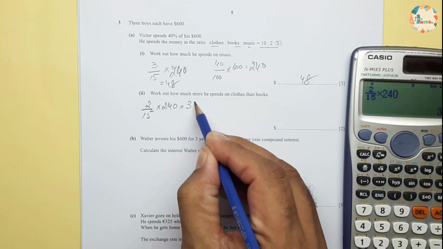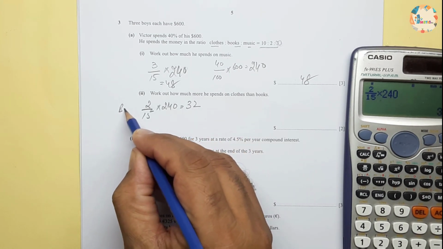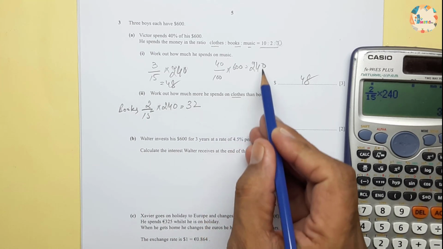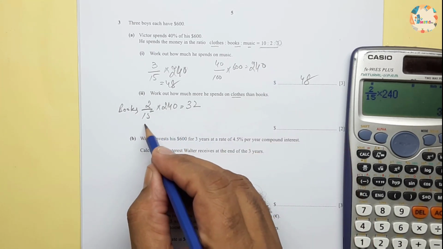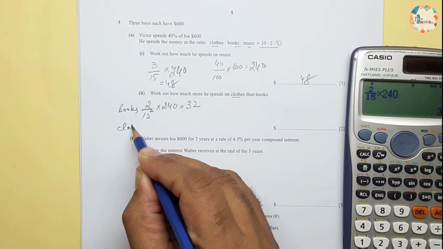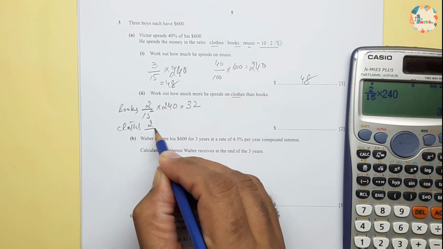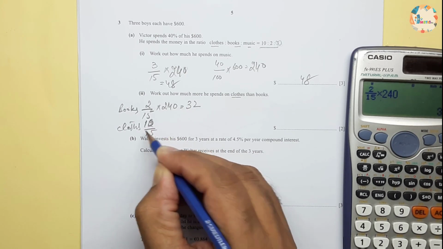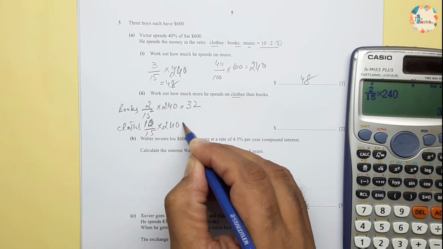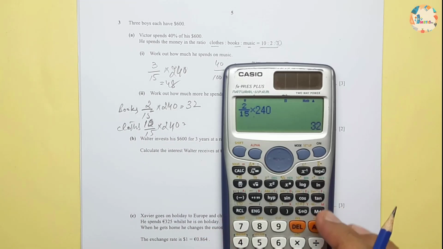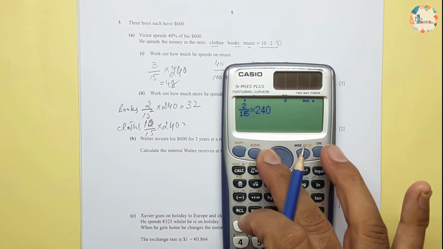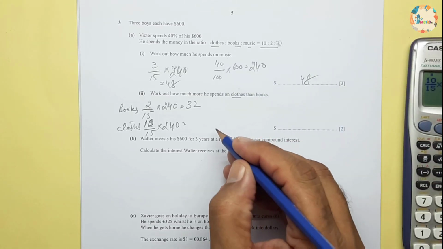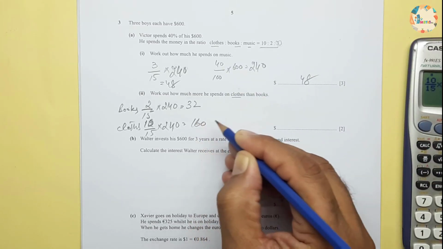So he spent 32 on books, and clothes is 10 by 15. 10 by 15 of 240 is 160. So 160 is spent on this one.